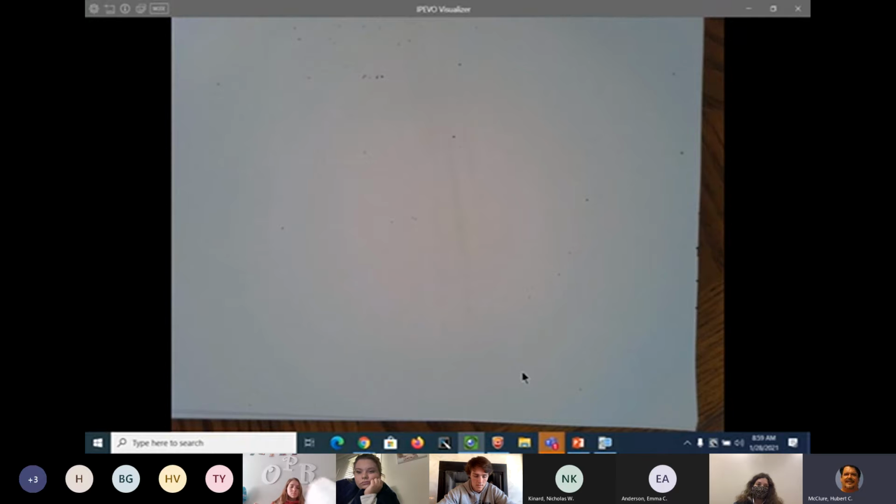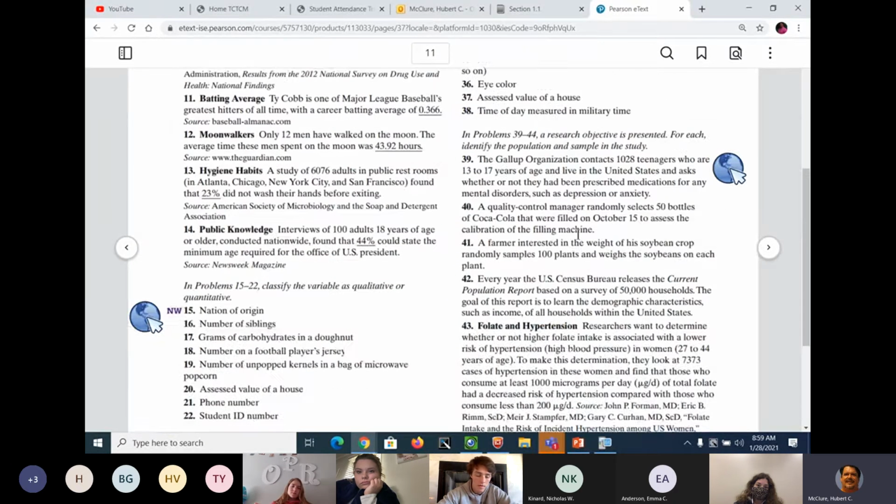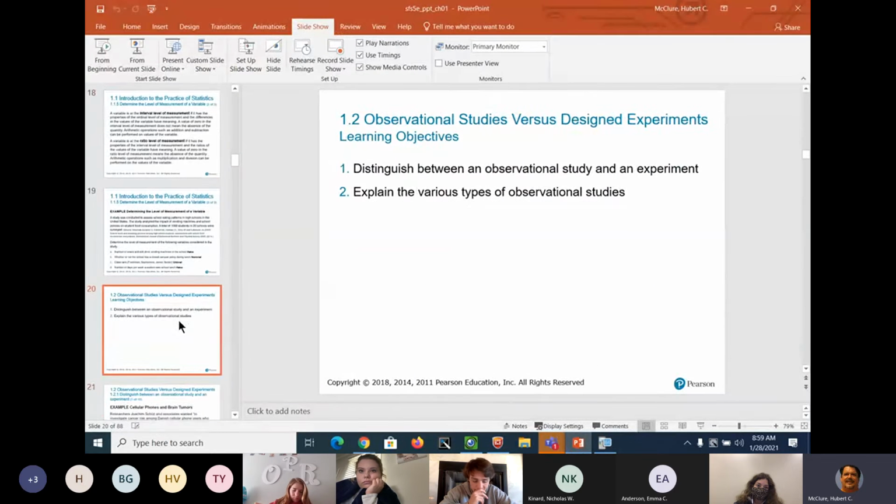What's next in 1.2? Well, let me go to the slides, because the slides really do a better job at outlining. What's the difference between an observational study and an experiment?